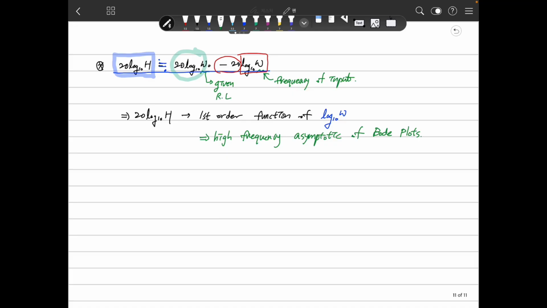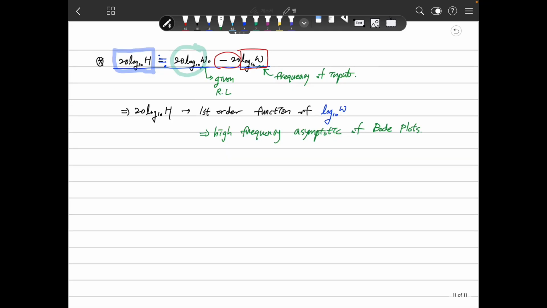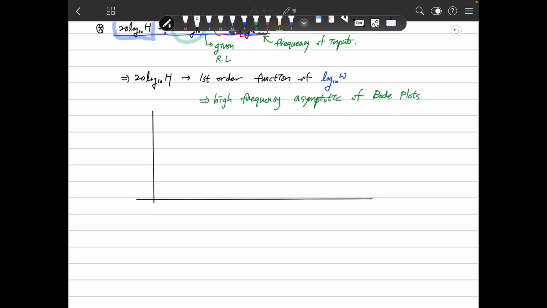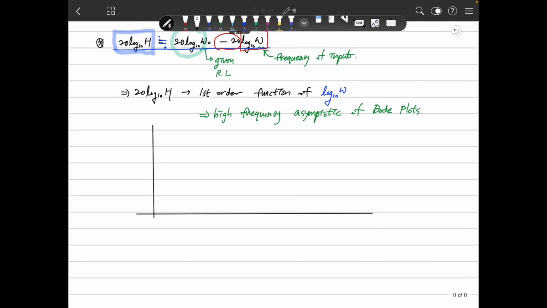What's the meaning of that? We want to draw that. Then I want to make some plane here and here. So this is actually log, actually it's not exactly log.